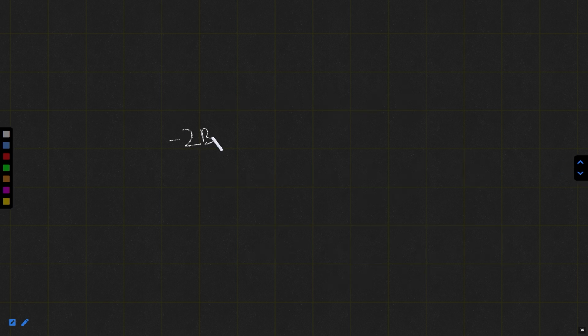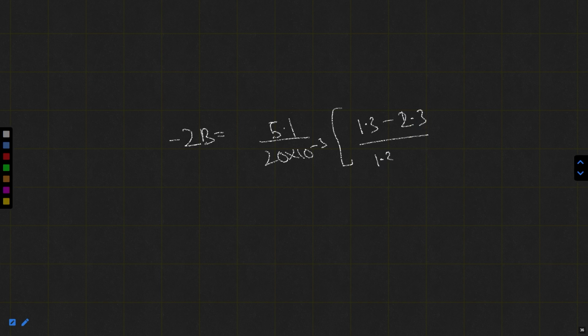Minus 2B is equal to 5.1 by 20 into 10 to the power minus 3, times 1 by 2.3 minus 1 by 1.3, which gives 1.3 minus 2.3 by 1.3 into 2.3.